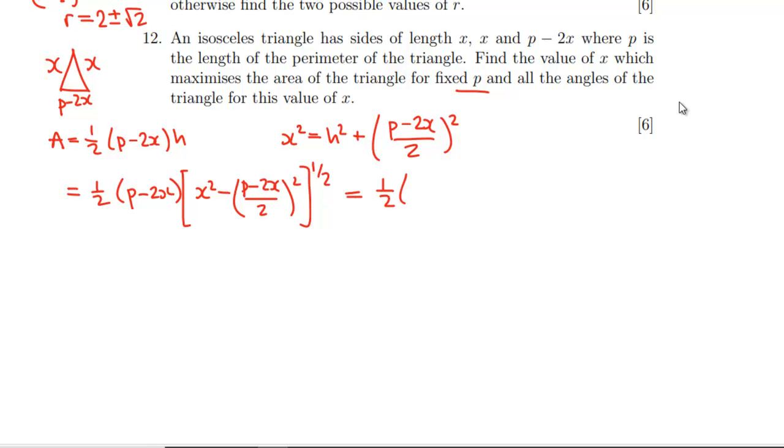Move across the page because I think this is going to take up a lot of space. So we've got that. I think we can go to small brackets: x squared minus, what we're going to have, p squared over 4. Then plus, what have we got? We've got minus 2 minus 4px. So we're going to end up squaring that.